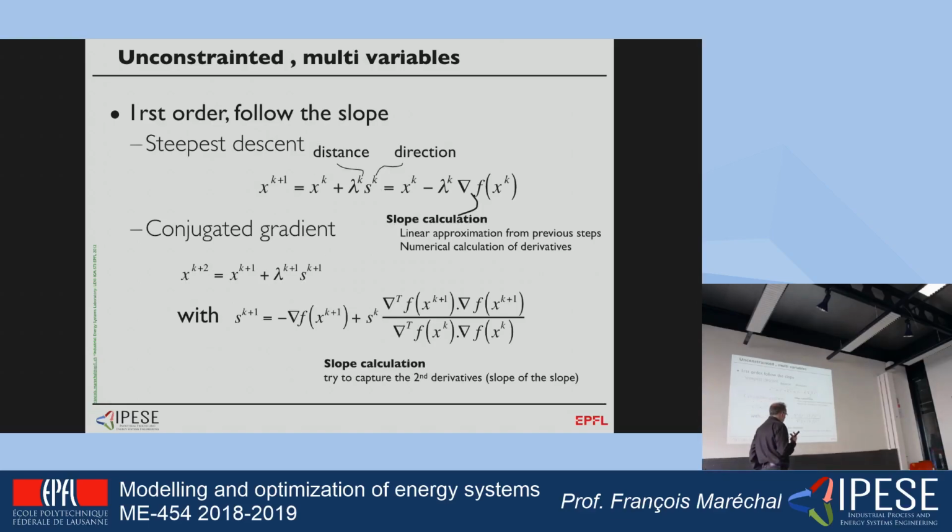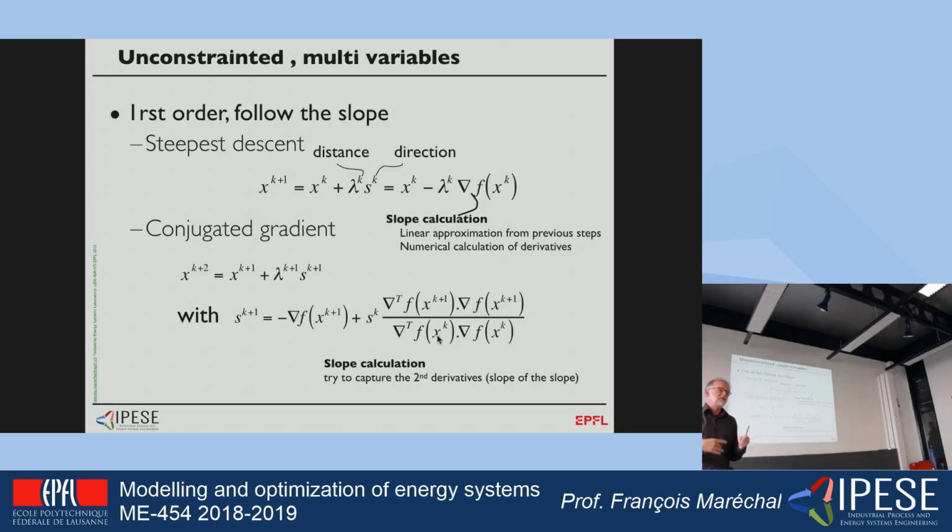In addition, I can also be smart in learning from the past. And so what I can do is to generate the value of the step of the k plus 2 using the value of the k plus 1 and the value of the k that I had before. So it means that now I'm not only looking at the slope, but I'm also looking at the curvature because I have 3 points, okay, in the multiple dimension.